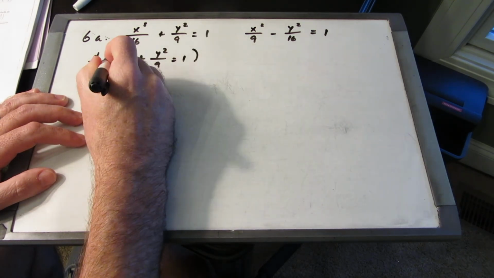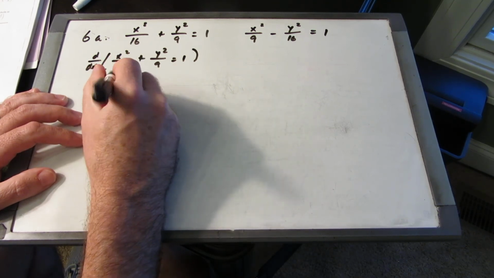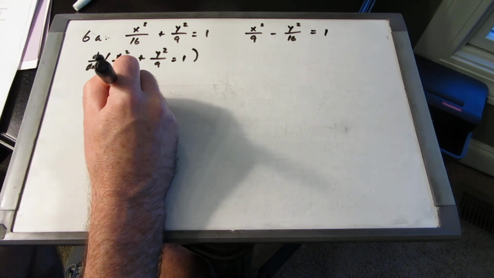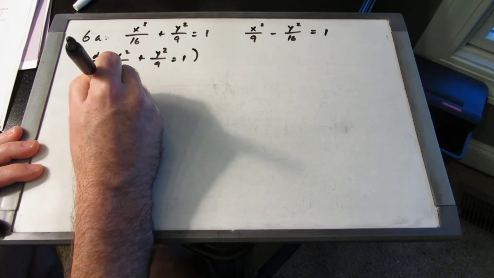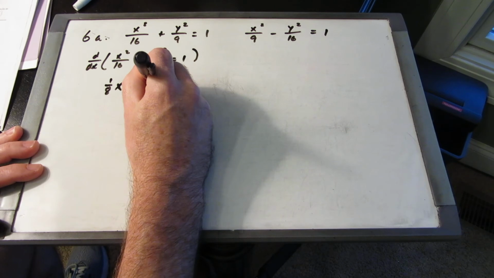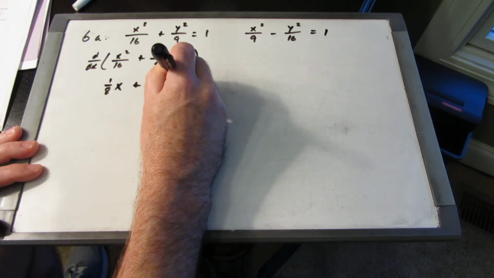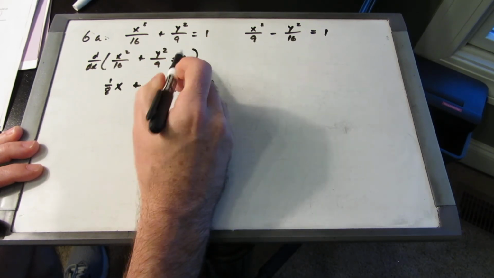Okay, so that's going to be 2. Bring the 2 out front. So 2x over 16 would give us just x over 8, or let's call it 1/8 x, plus 2y over 9, or 2/9 y, dy dx, can't forget that, is equal to 0.